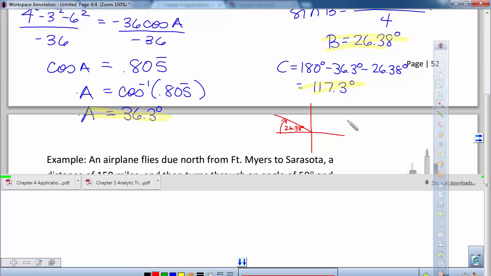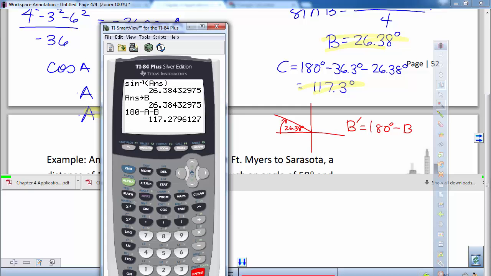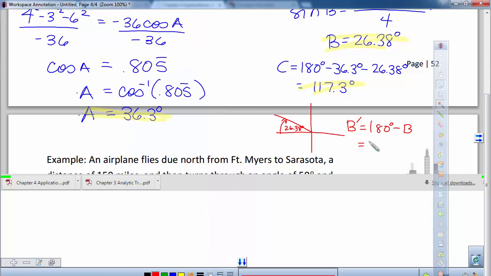Okay, we'll call that B prime. Of course, it's going to be 180 degrees minus 26.38, which we stored as angle B in our calculator. So let's look at that. 180 minus alpha B. I've got 153.6.